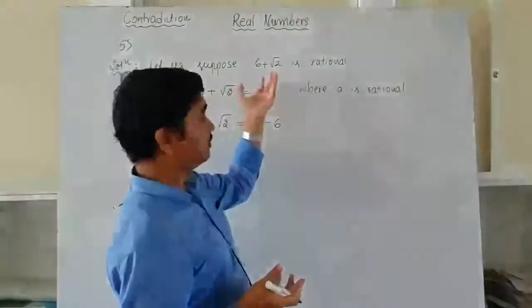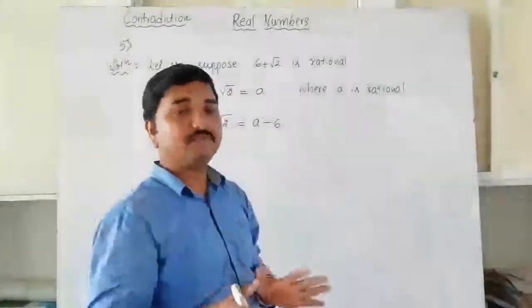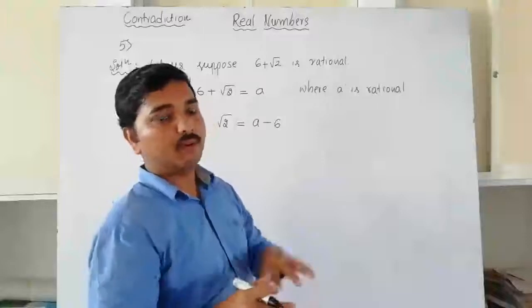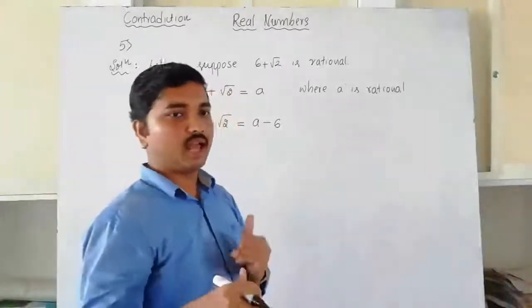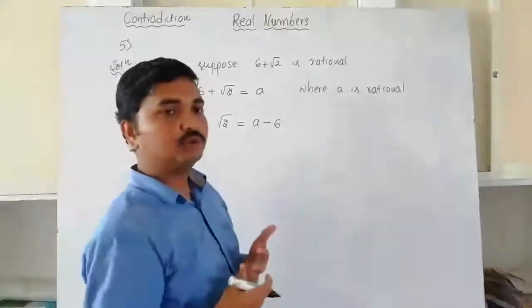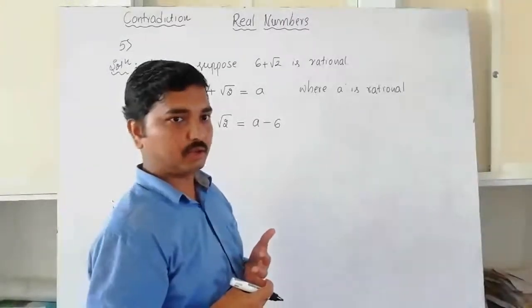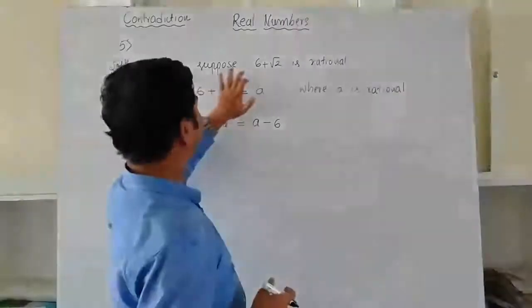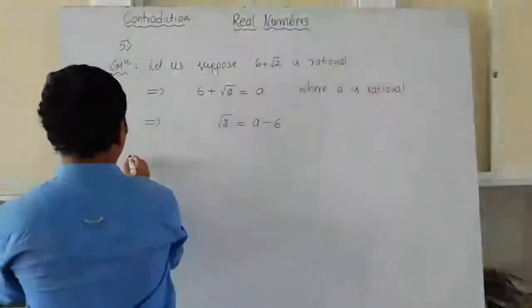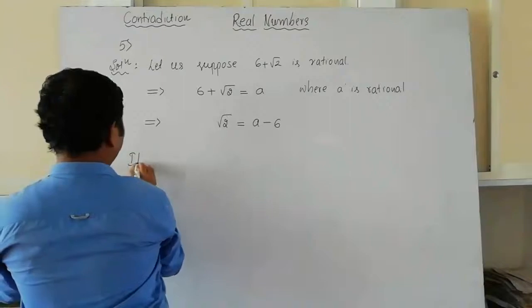Our assumption, what I imagined initially, is actually wrong. If our imagination is wrong, then I go to the opposite of our imagination. We need to accept 6 plus root 2 as an irrational number. At last you need to write the conclusion like this. If you write this, it is enough.